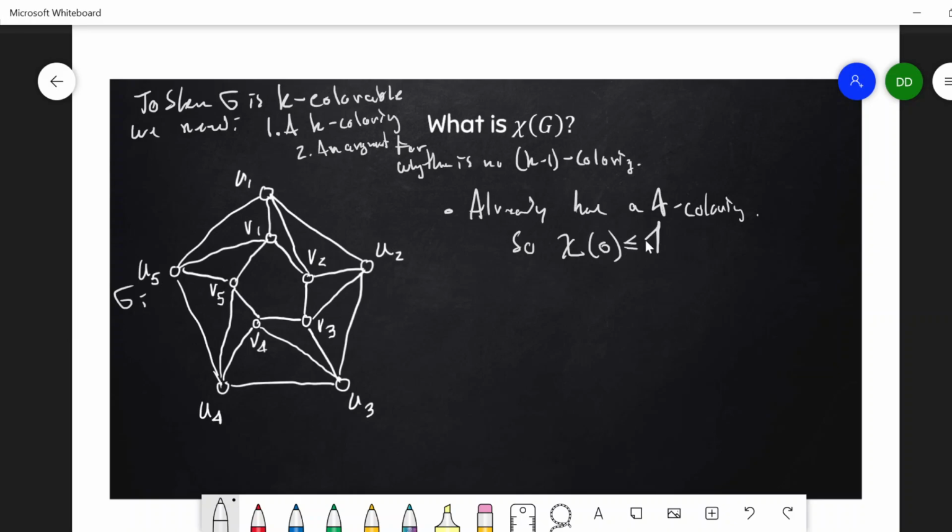We've done at least as good as 4. And then the question is, can we do any better? That is, is there a 3-coloring? At least we have that the chromatic number is at most 4. We need an argument for why we can't have a 3-coloring. So suppose C is a 3-coloring of G.